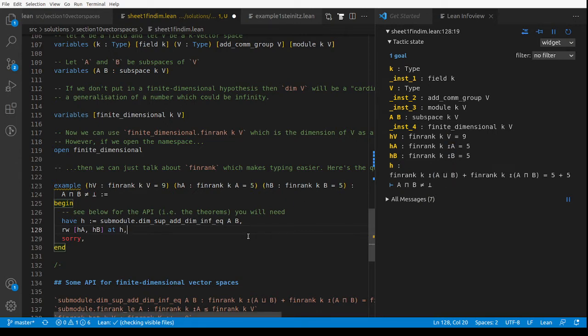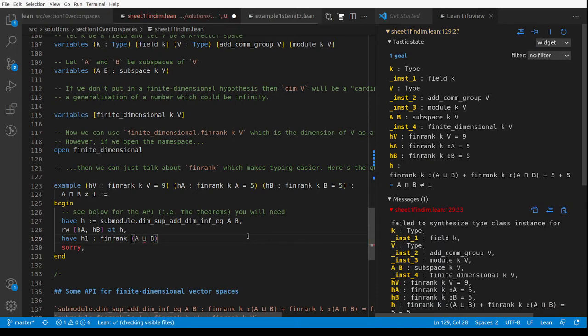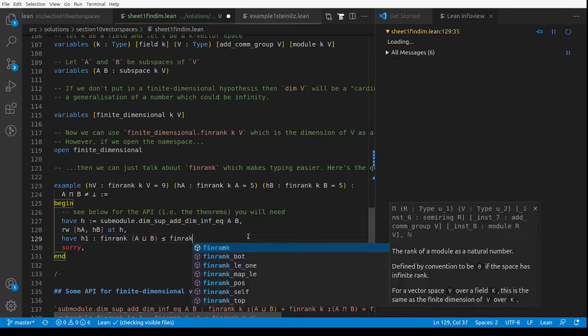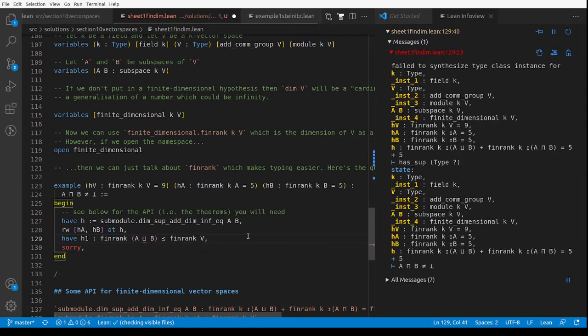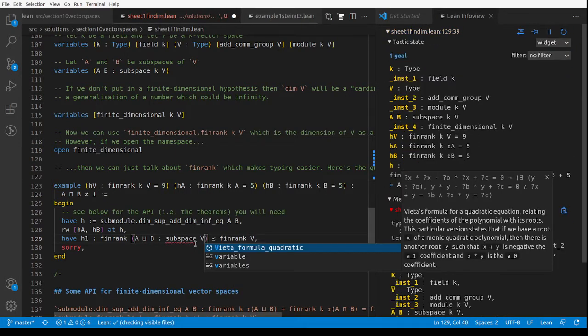So that's another thing we're going to need, right? We're going to need: have H1, the fin rank of A join B, or of A sub B, is at most 9, fin rank V. And it doesn't work. Why does it not like that? Oh, it doesn't know that this is a subspace. So let me tell it it's a subspace.